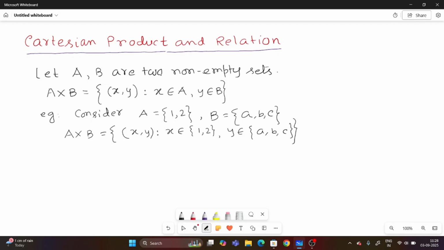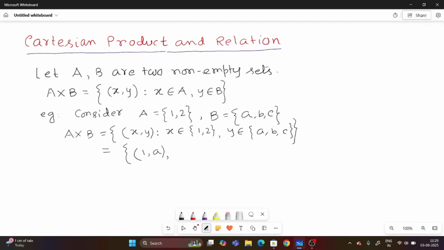So we can see there are two options available for x, 1 and 2, and there are three options available for y. They are a, b, c. So what are all the possible ordered pairs created? If we choose x equals to 1, then y may be a, may be b or c.